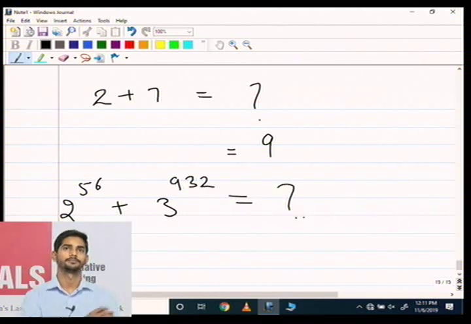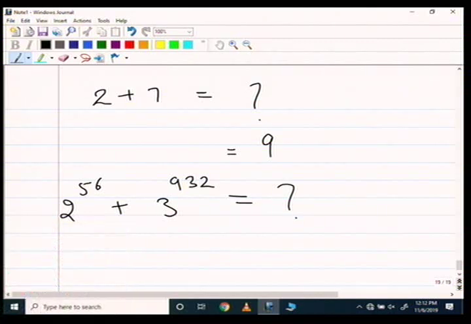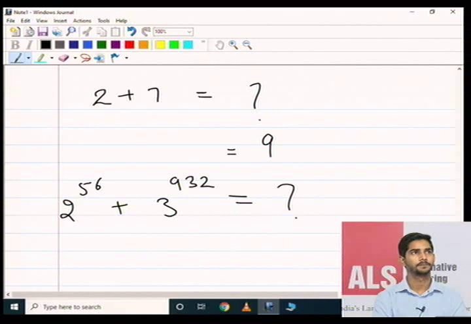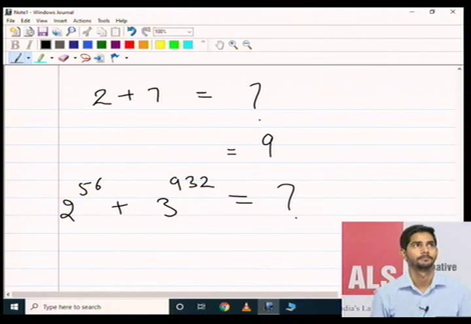Now tell me this one. What will be the answer? What are you thinking about this question? I'm giving you 2 minutes for this question. If you can give me the answer.